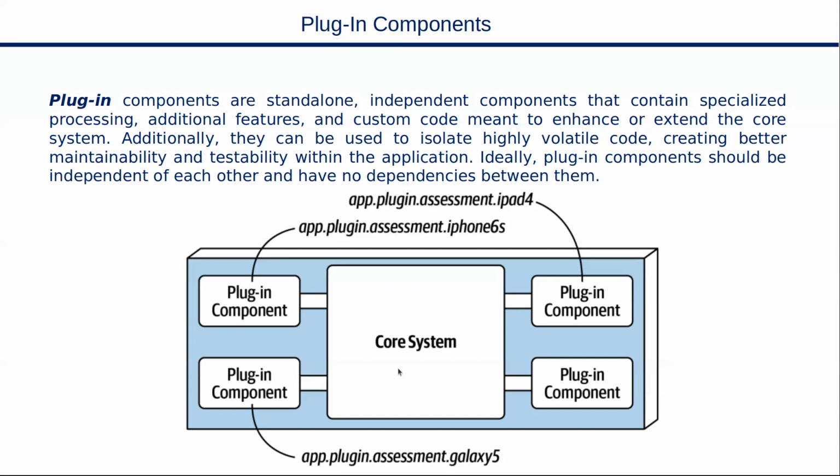This is one example of how you can implement it using plugin components with direct communication, let's say point-to-point communication. So plugin components can be added or removed at runtime without having to redeploy the core system or other plugins. It depends on the technology stack that you use.